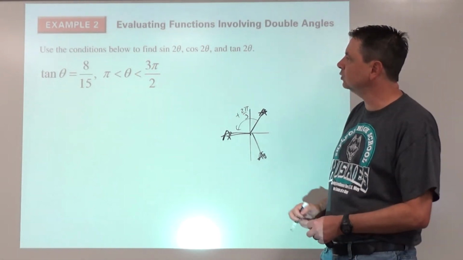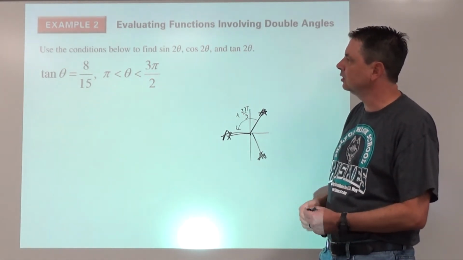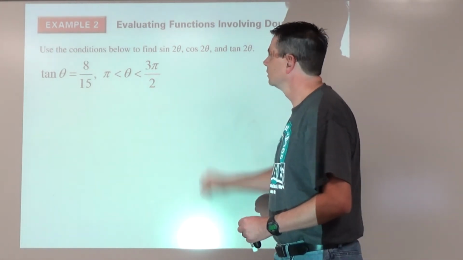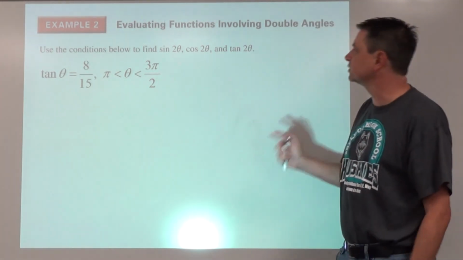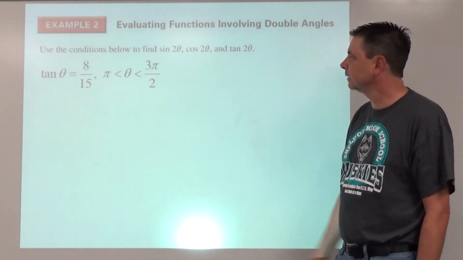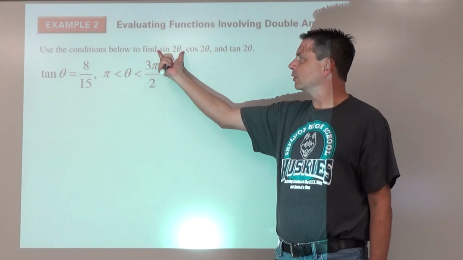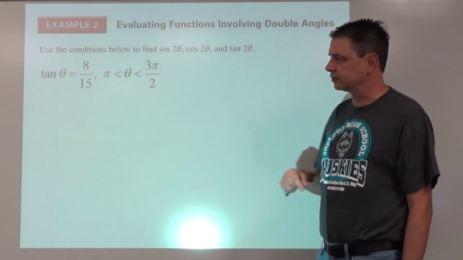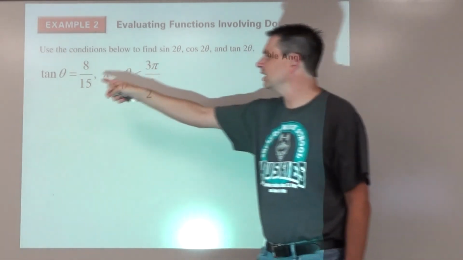Example number 2, again, more double angle. Use what we know to find sine of 2 theta, cosine of 2 theta, tangent of 2 theta. Remember that sine of 2 theta requires that we know sine of theta and cosine of theta. So maybe we can do a sketch.